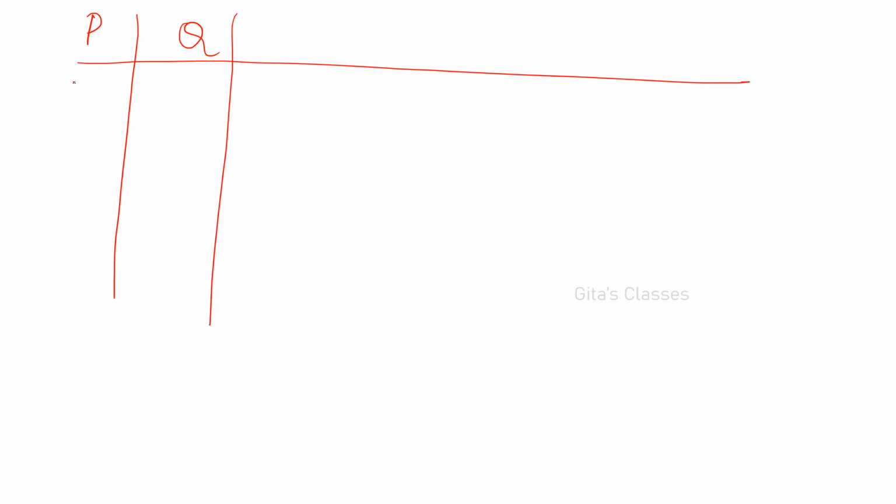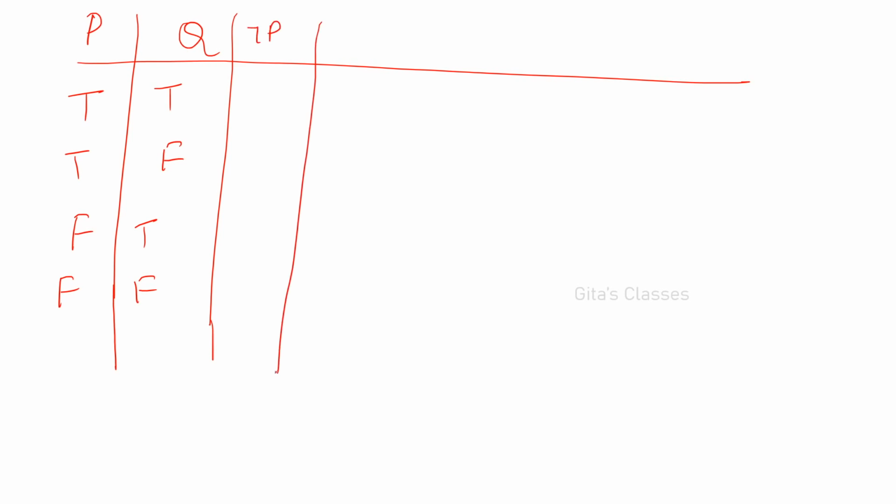Okay, now I am going to do it with the table also. We have two variables, therefore P and Q: T, T, T, F, F, T, and F, F. Okay, then not P, then whatever we want we can write.